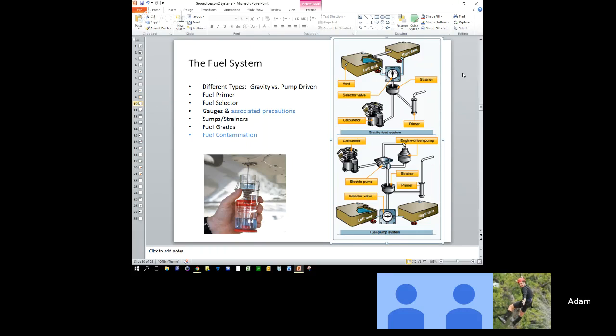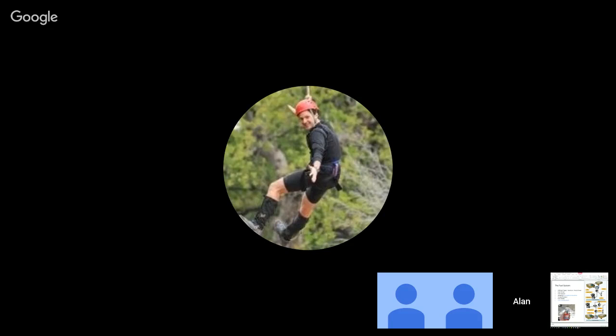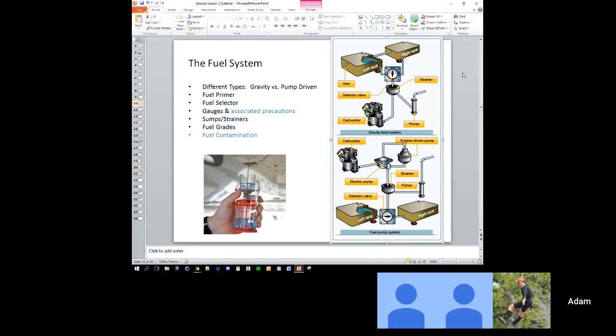No surprise, your gravity-fed systems are typically only going to be found in aircraft where the fuel tanks are higher than the engine, so that the fuel can use gravity to travel to the engine. And then your fuel pump system will typically be found on aircraft where the fuel tanks are either in line with or lower than the engine.